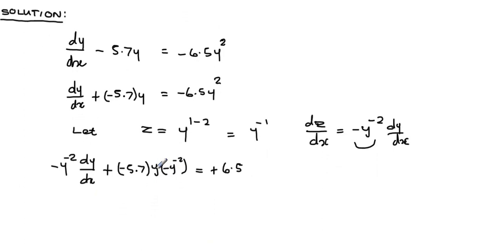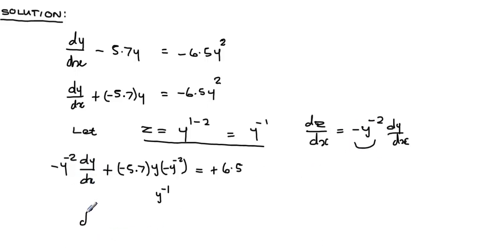Now simplifying on the left hand side, this plus, this minus and minus will give us a plus. Then we'll end up with plus 5.7 times y to the power minus 1. But the y to the power minus 1 which you get here is our z, which means this is dz dx like we have seen here.